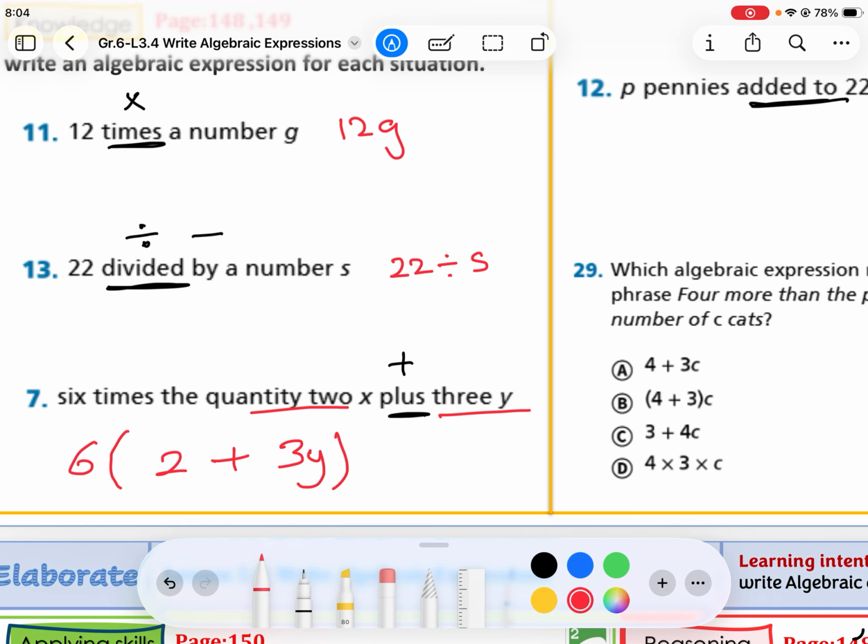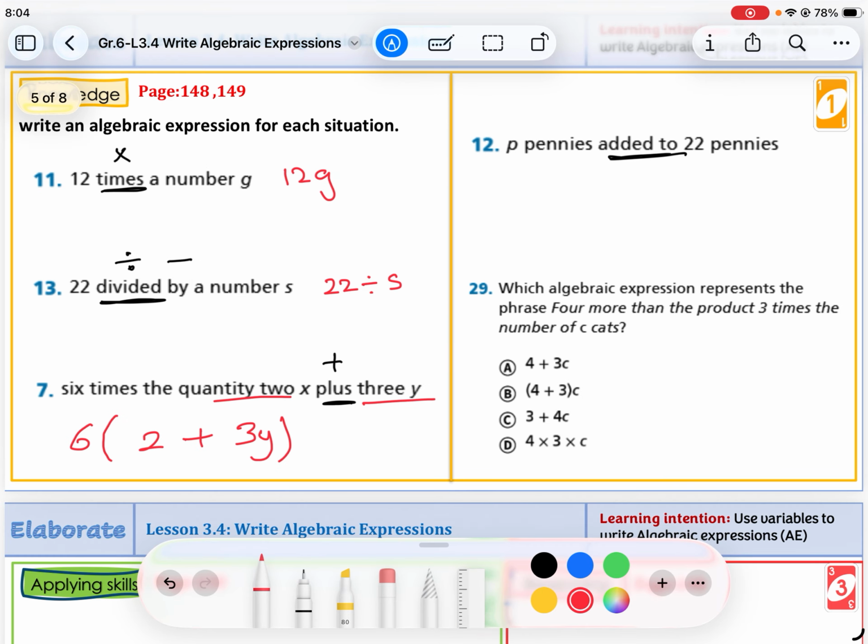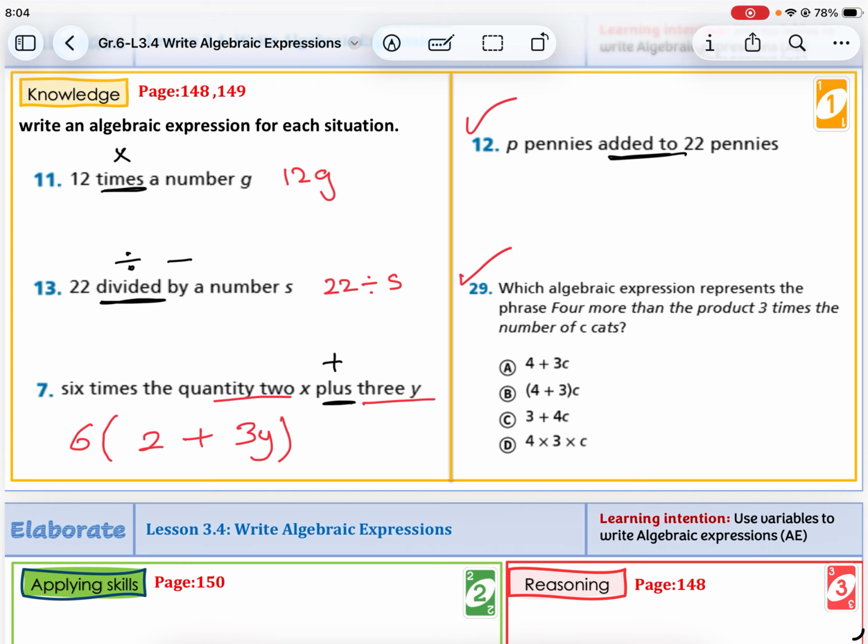So this is how I'm writing it. I'm just going number by number, step by step, and that's it. I'm going to leave the rest of the questions for you guys to practice. Try to do it by yourself, and let's see if you get the correct answer. This is how you're going to write an expression. Just go step by step.